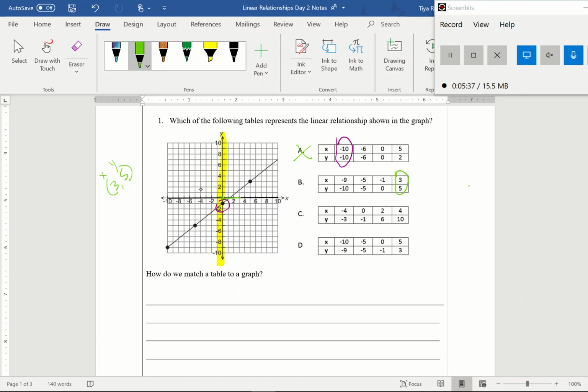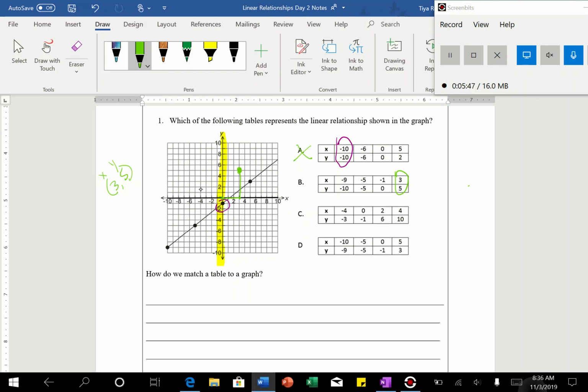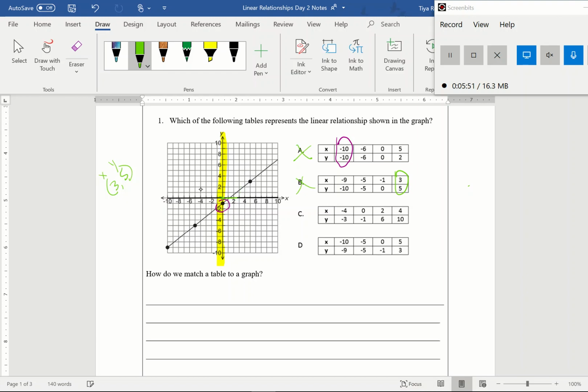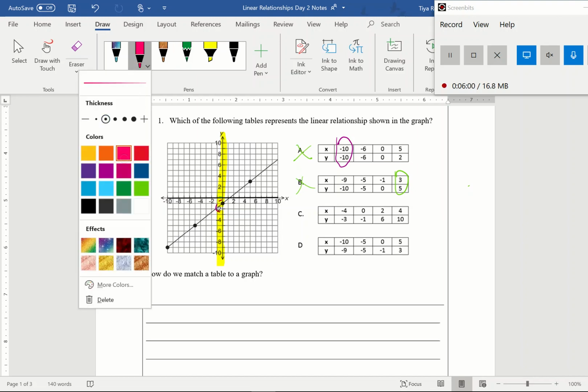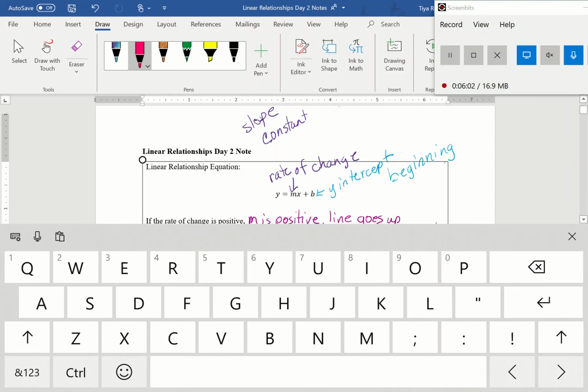And then we go a positive 5. 1, 2, 3, 4, 5. Is that spot on our line? It is not. So B is not your answer. See, this isn't so bad, right?